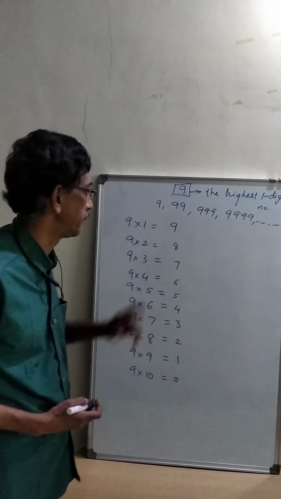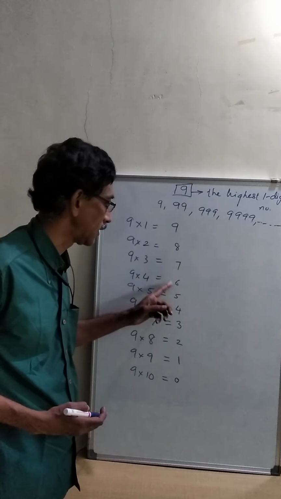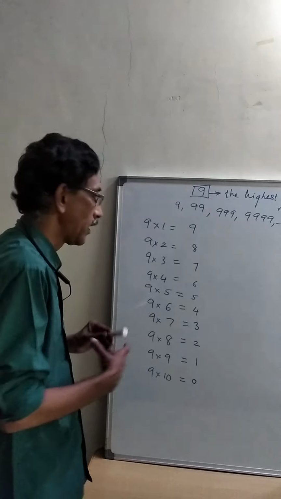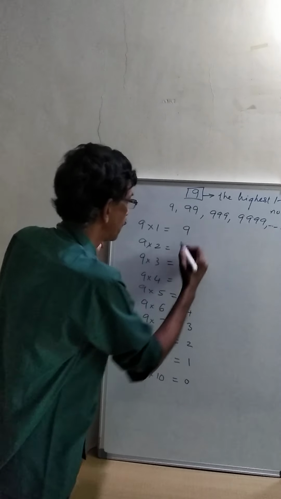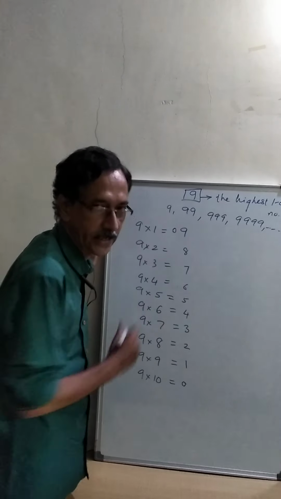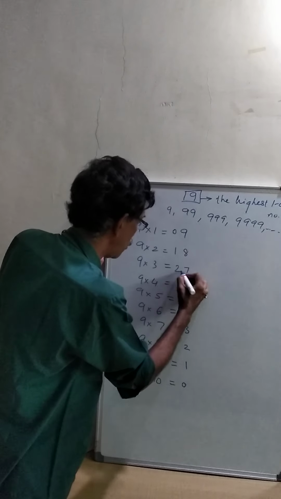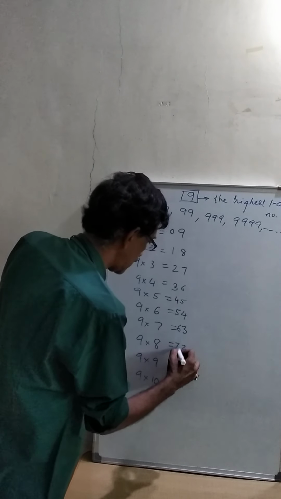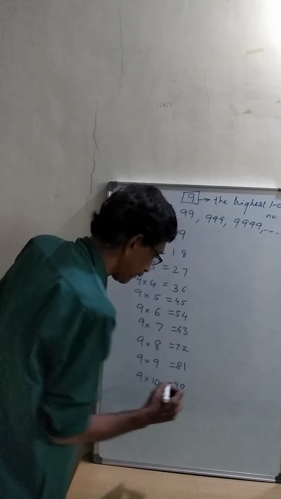So it is basically a rocket countdown: 9, 8, 7, 6, 5, 4, 3, 2, 1, 0. Now we have to write the digits in the tens place. First is 0, so normally you don't write 0, you just write 9. Then you have 1, 2, 3, 4, 5, 6, 7, 8, 9.